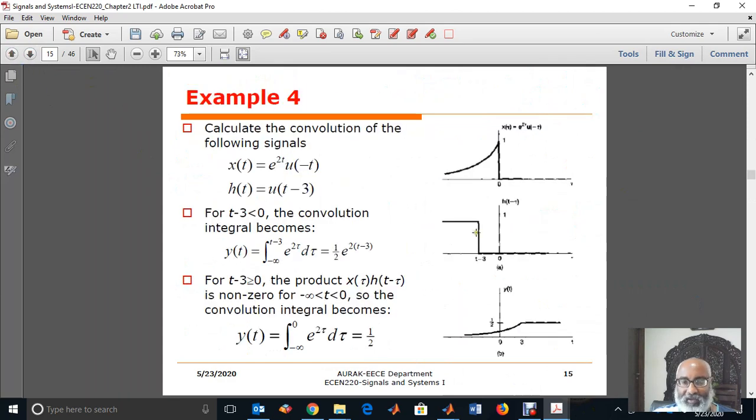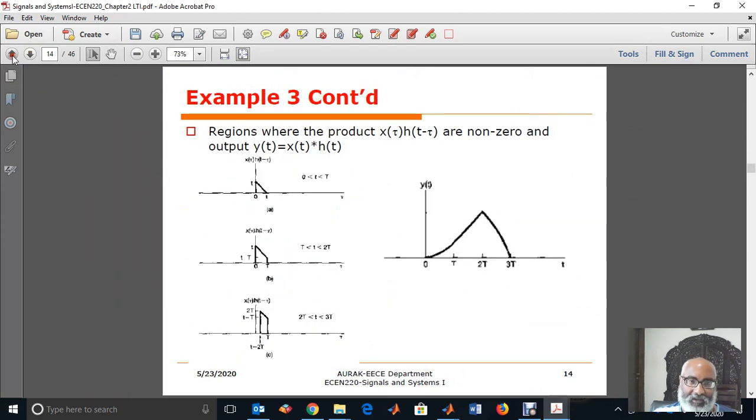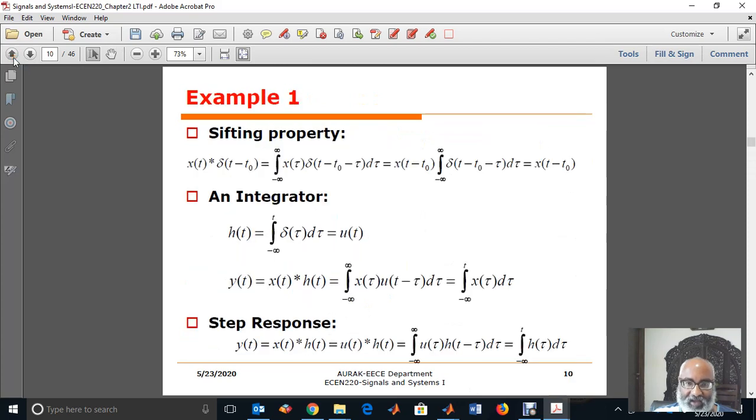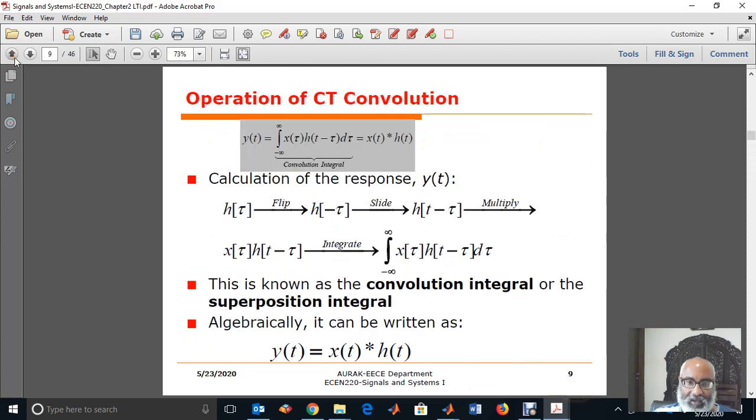Try to look again at the examples and redo them by yourself, and remember to summarize the steps of convolution. First, we change x(t) and h(t) to x(τ) and h(τ). Second, we flip h(τ) to get h(-τ). Next, we shift h(-τ) to get h(t-τ).